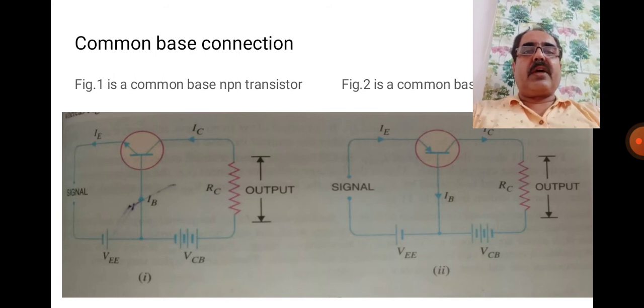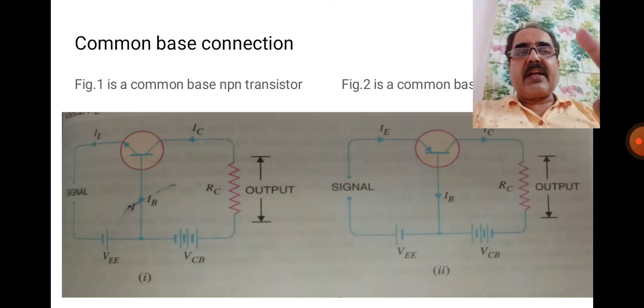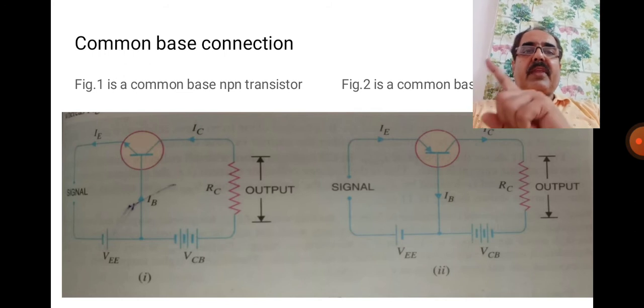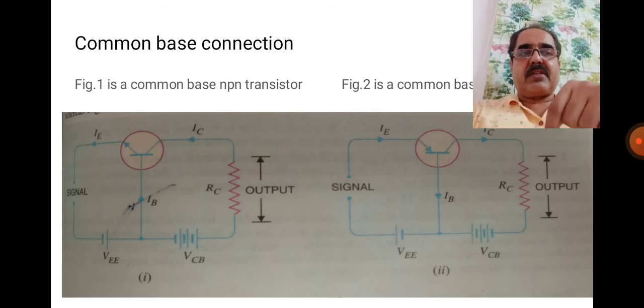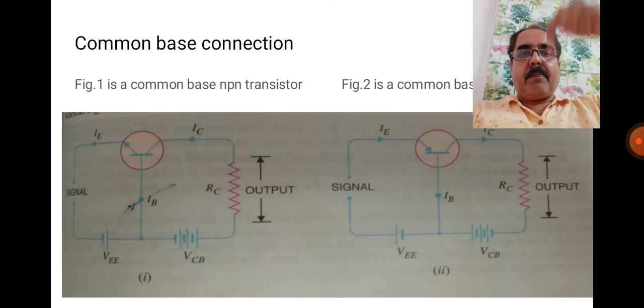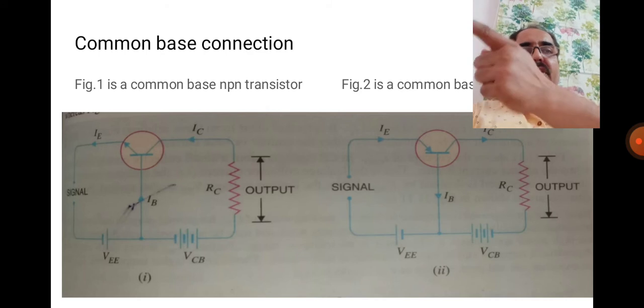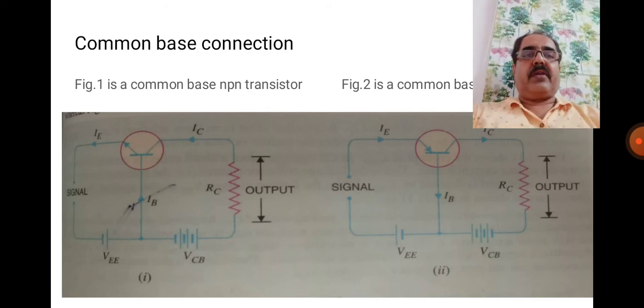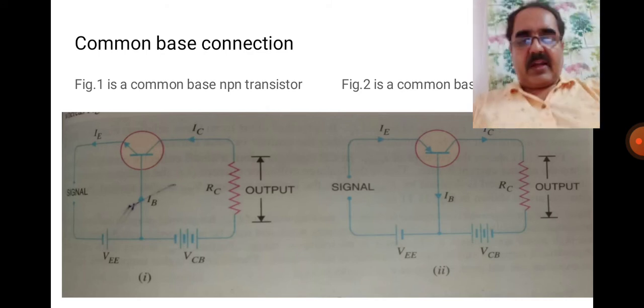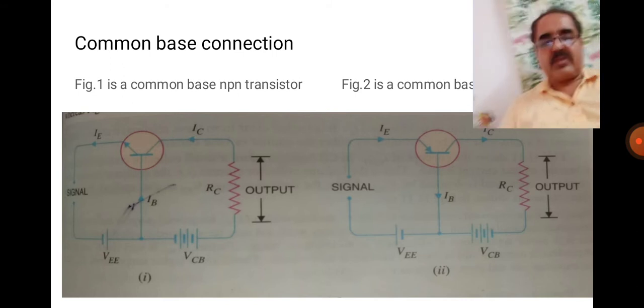You have to observe in figure 1 the base, and in the upper position is the collector, and on the left side is the emitter. The lower part is the base, and that base is a common terminal that should be connected to the input as well as the output.